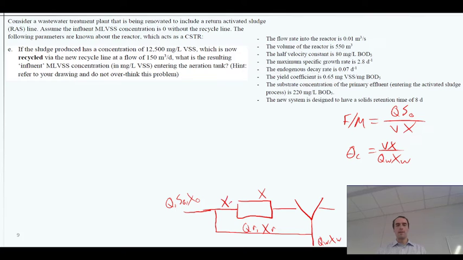I'm going to say X naught prime. That's what we're looking for. Okay? Does that make some more sense? All right, see if you can get an answer for that. Really, we're just honing in on this little spot.